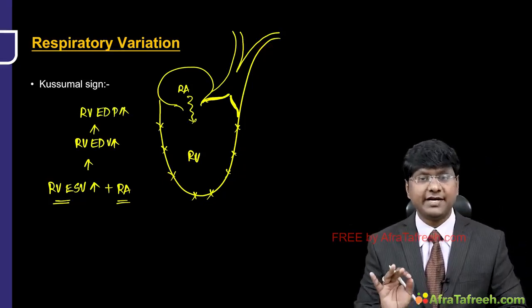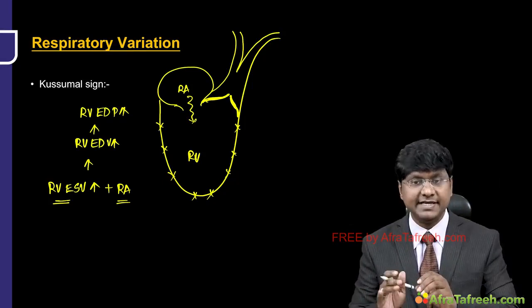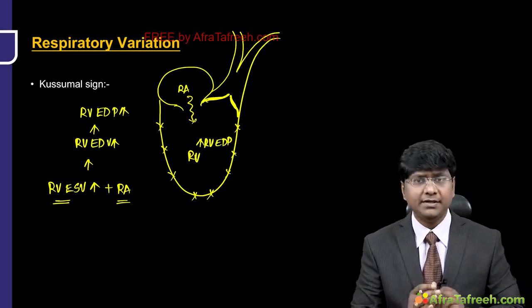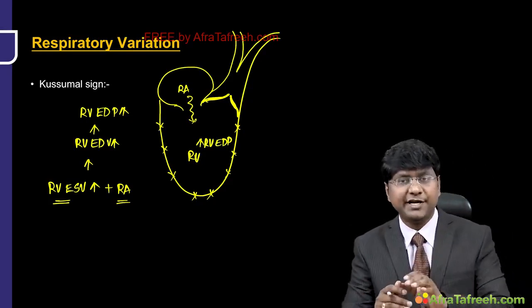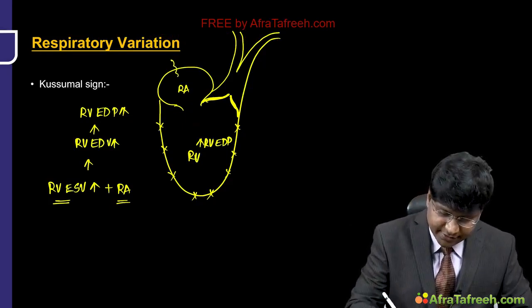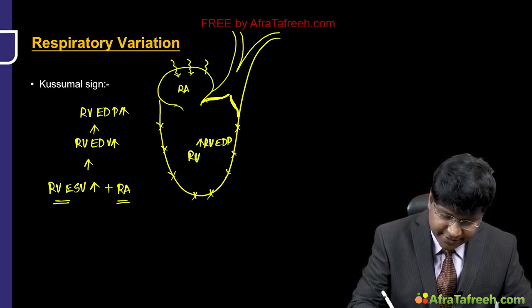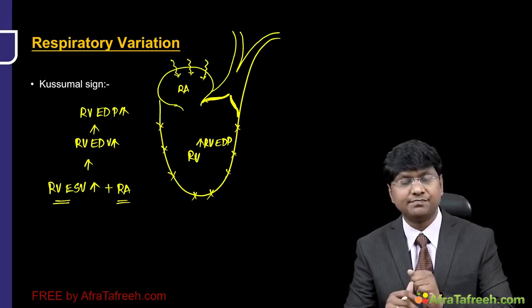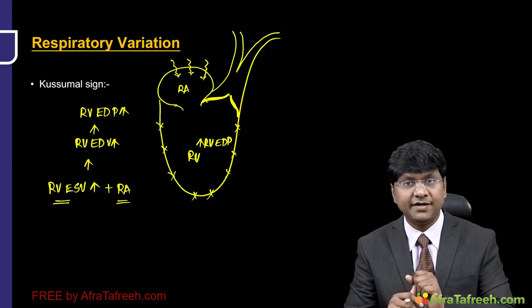So in patients with right heart failure, there is an increase in RV end diastolic pressure. Now during inspiration, the venous return to the right atrium increases from the superior vena cava and inferior vena cava.